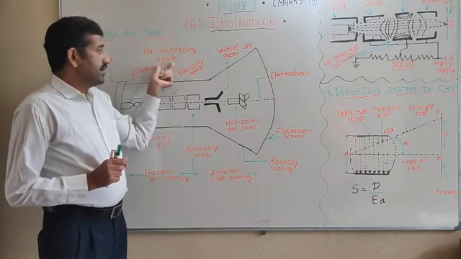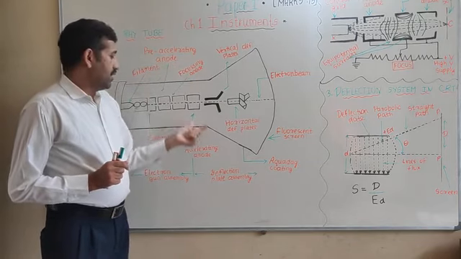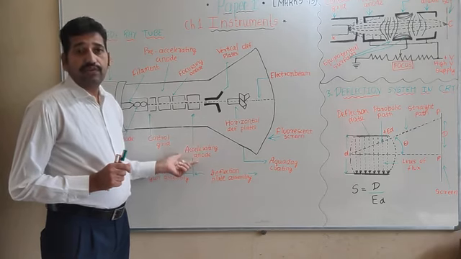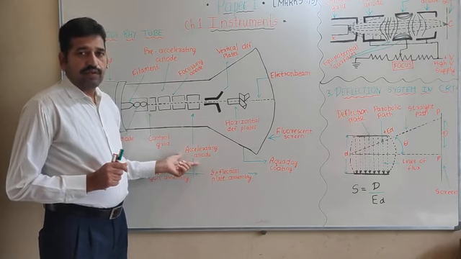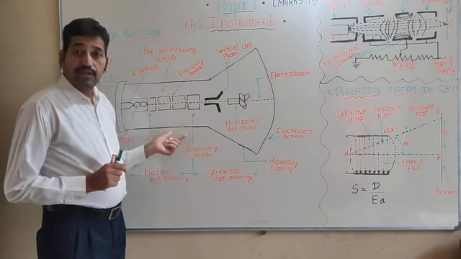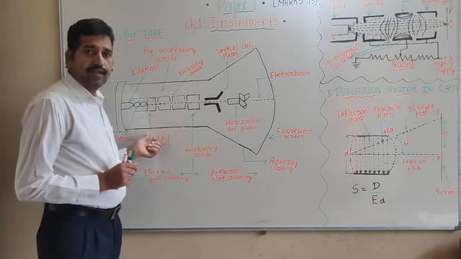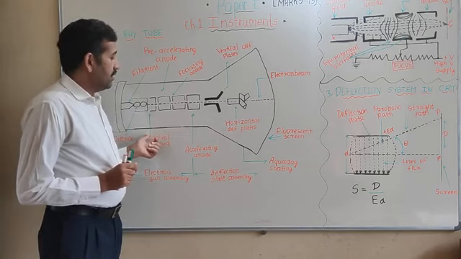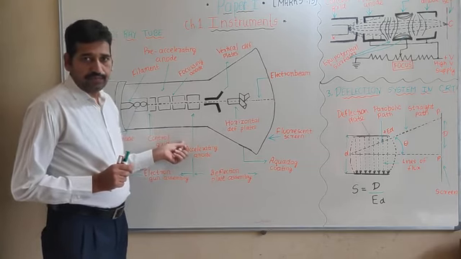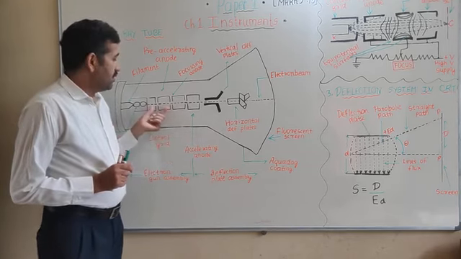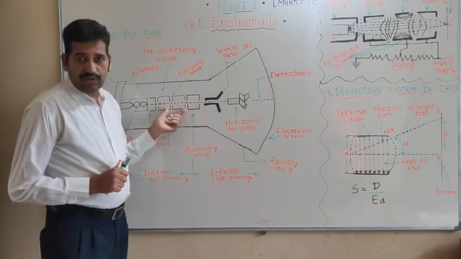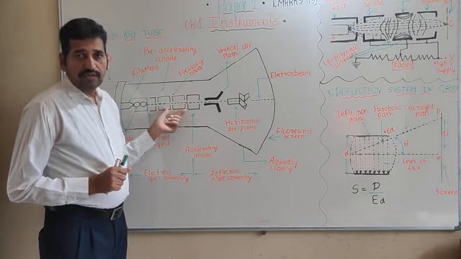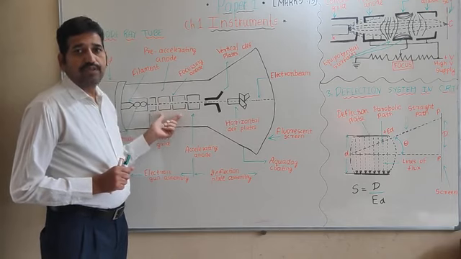Now, the pre-accelerating anode, focusing anode, and accelerating anode are given very high positive voltages. Comparatively, the focusing anode is given less voltage than the pre-accelerating and accelerating anodes. That's why a concave lens effect occurs, so that a converged beam is produced.